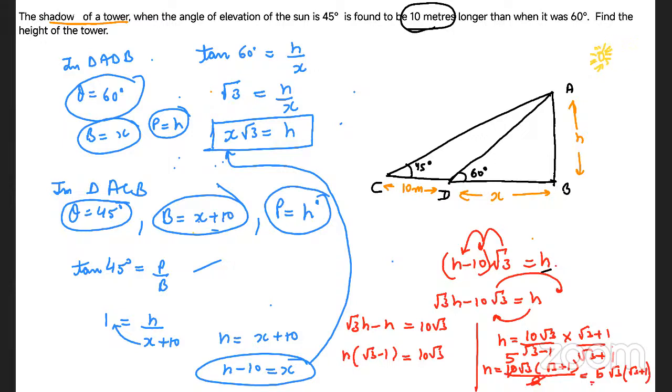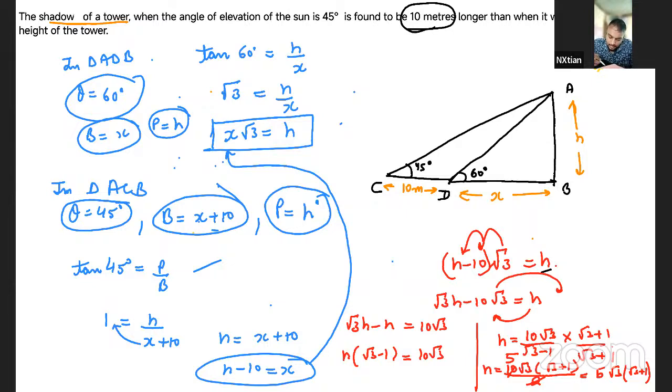Will you explain the right part again? See, what I did here: I put the value of h minus 10 is equal to x into this equation, which is x root 3. It will become (h minus 10) into root 3 is equal to h. Then root 3 will multiply with both the numbers. It will become root 3 h minus 10 root 3.